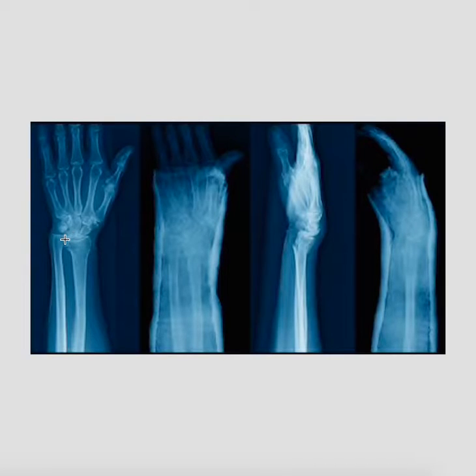So for example here, you can see that the radius is short, and it's very difficult to see what's going on here, but it looks like they've restored a little bit of the length, at least to neutral. Now over here, you see again, this is a much better picture of carpal malalignment, because you see the remainder of the radius here, and if you imagine drawing that line here, and then you see the capitate and the lunate and drawing that line there, those lines don't even intersect.